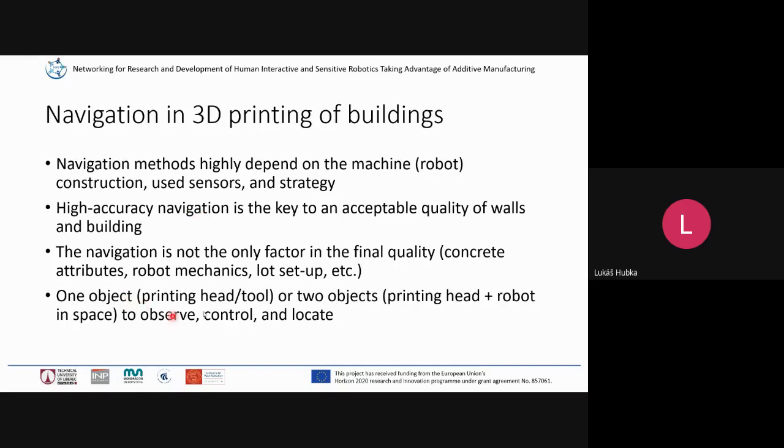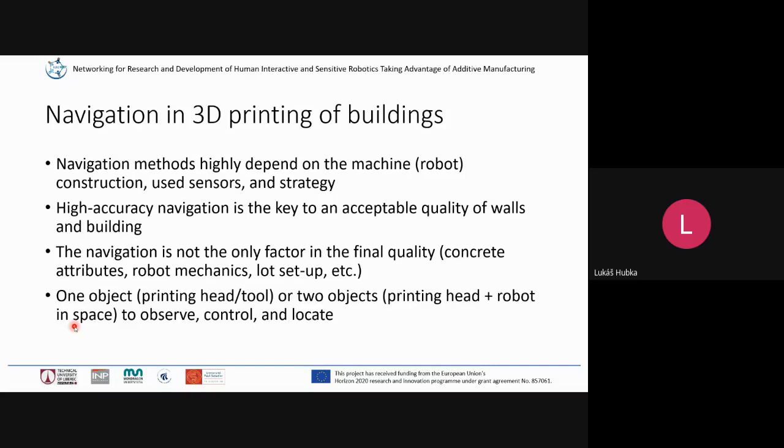The last point here on this slide is what the aims are, because we can have one object which is important for us, only the printing head, or two objects, so also focus on the robot in a space. Jan presented some approaches which are now actual, now in development.